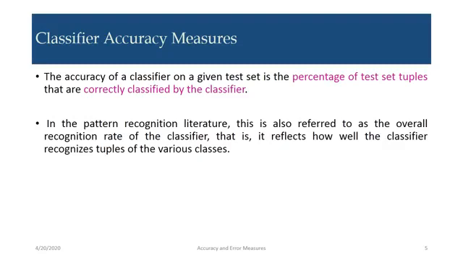In the pattern recognition literature, this is also referred to as the overall recognition rate of the classifier, that is, it reflects how well the classifier recognizes tuples of the various classes. Suppose you have n number of classes; how well is your classifier able to classify the tuples of the different classes correctly?